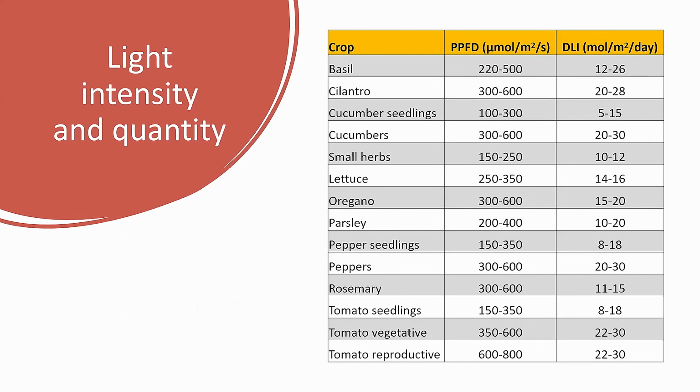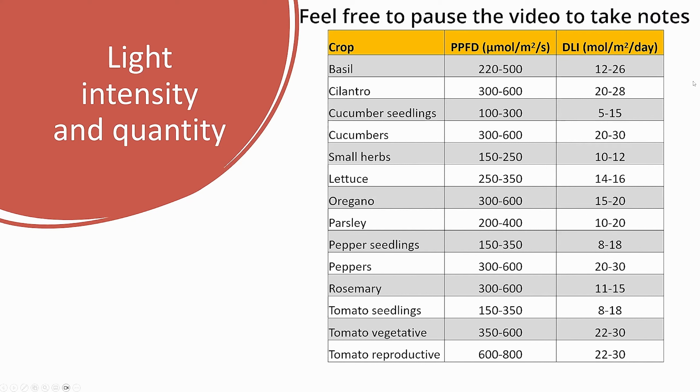Because there are some recommendations for crops in terms of PPFD and DLI. Now, notice that, let's say, for example, let's go for lettuce. There's a PPFD between 250 and 350. If you go over this number, two things can happen, right?